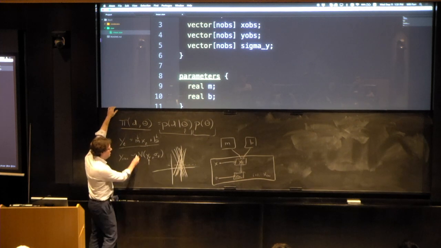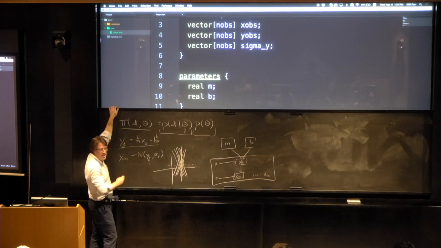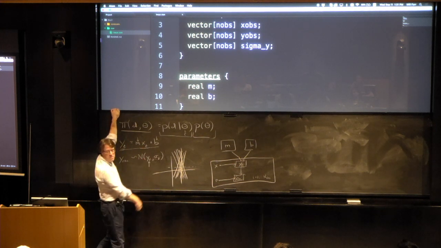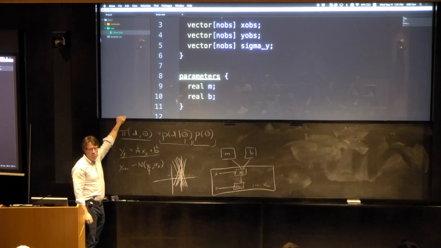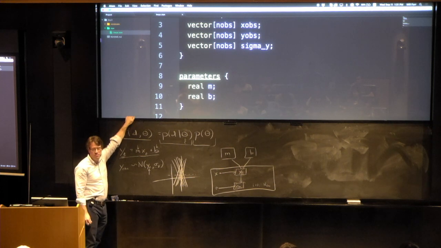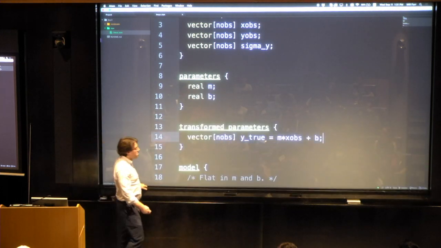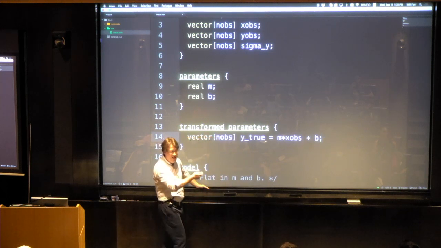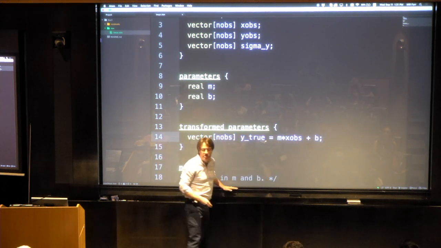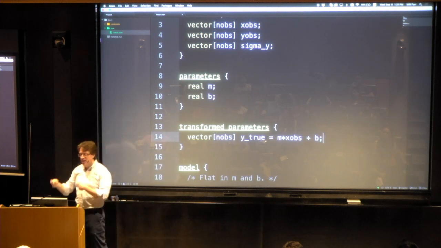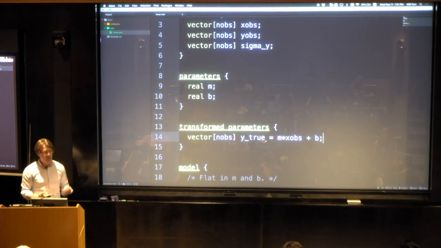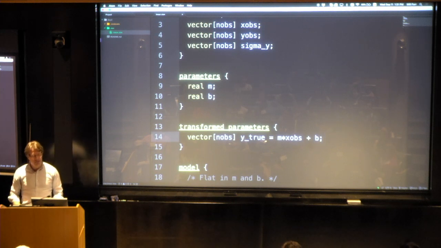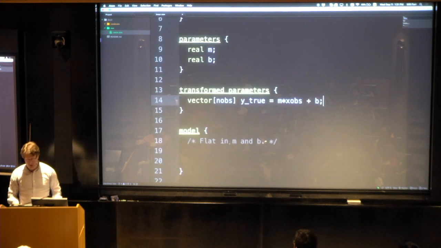In our current model, Y true is given a nice tight delta function distribution where it is exactly equal to M times X plus B. In a moment, that won't be the case. I still want Stan to remember what Y true is, and it will change as M and B change. So every MC step, when I change the slope and the intercept of the line, Y true will change. So I put it in a transformed parameters block. So Stan will keep track of this for us.